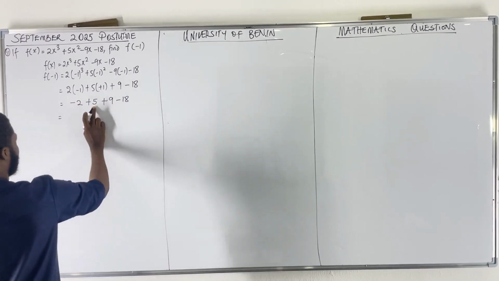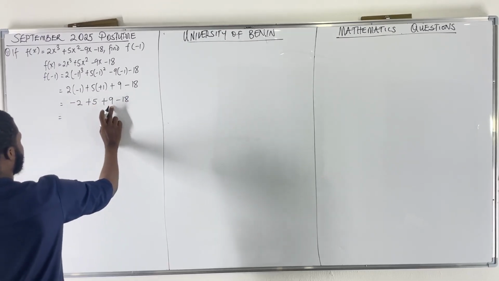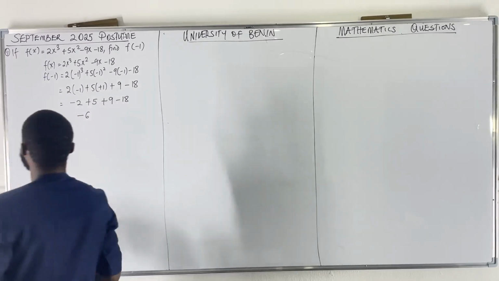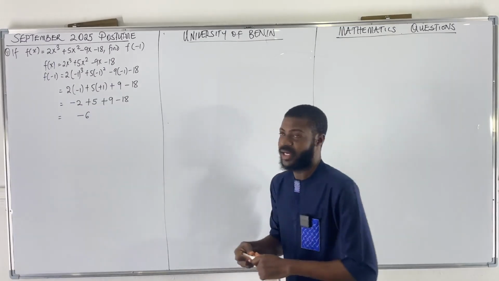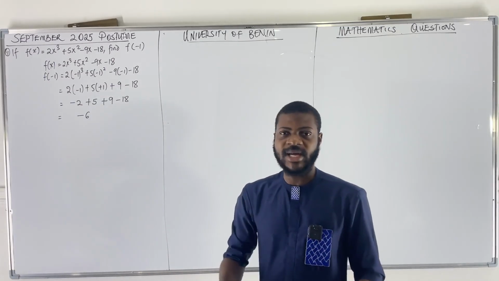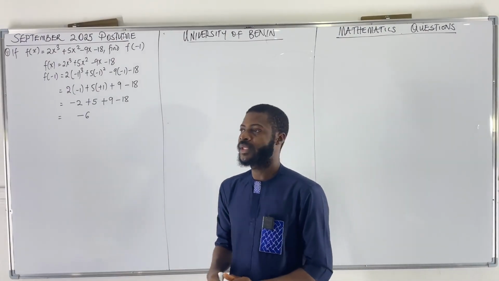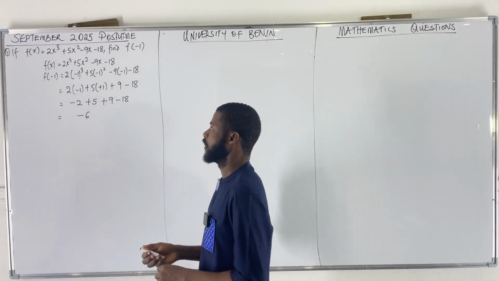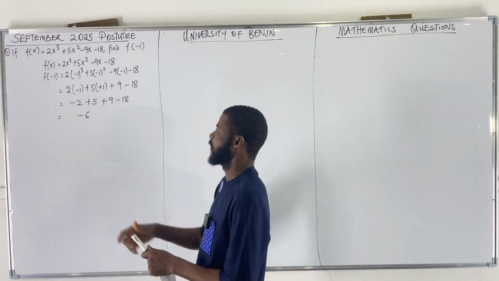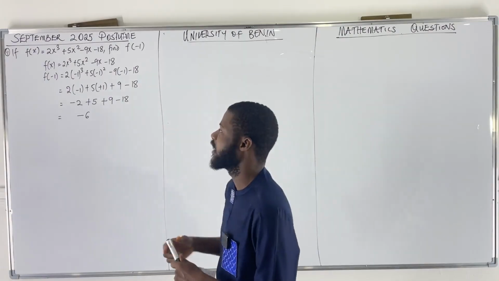Minus 2 plus 5 is 3, 3 plus 9 is 12, 12 minus 18 is minus 6. So that's how you solve the first problem. It's actually simple: you're asked to find the value of a function. You could also say it's the value of a polynomial, because a polynomial can be written that way, then you're asked to find that value.